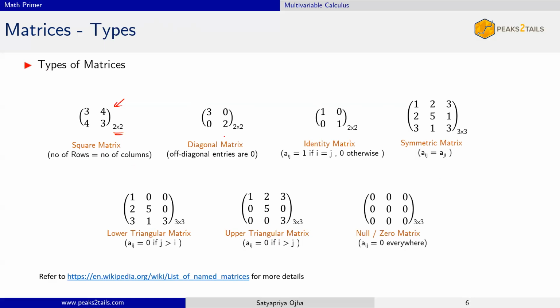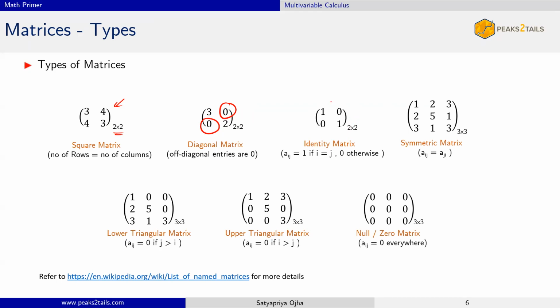On the main diagonal, there could be a few zeros also. That's not a problem. The requirement here is if it's a diagonal matrix, all the off diagonal elements would be 0. That's a diagonal matrix.